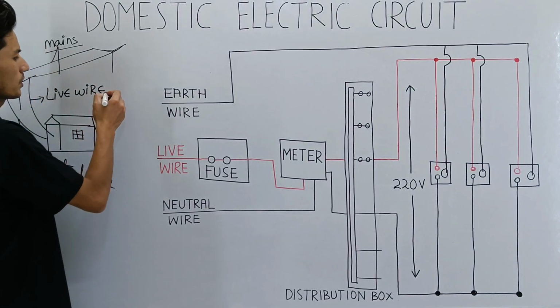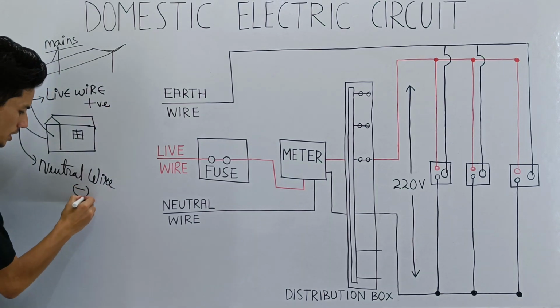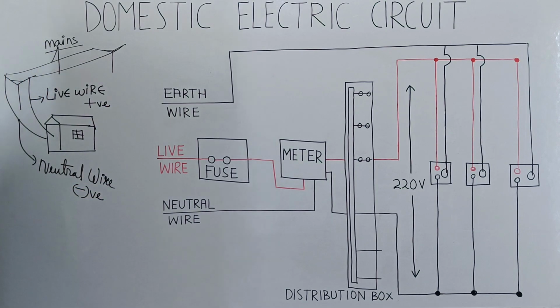The live wire is also known as the positive wire, and the neutral wire is also considered as the negative wire. So electrical connection in our home is brought from wires called the mains.